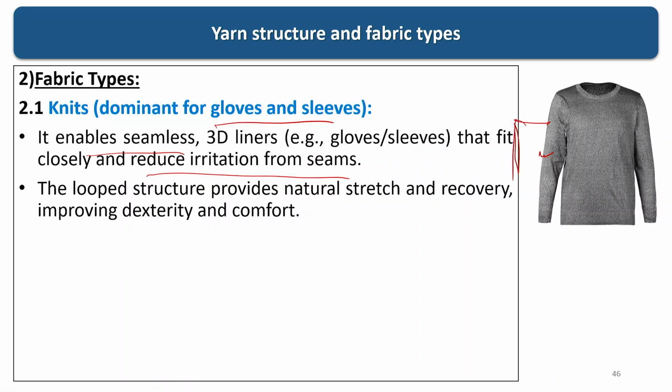That is hand movement, or even if we produce a full garment made of seamless knitting, that will also help us improve comfort and ergonomics. The loop structure provides natural stretch and recovery.